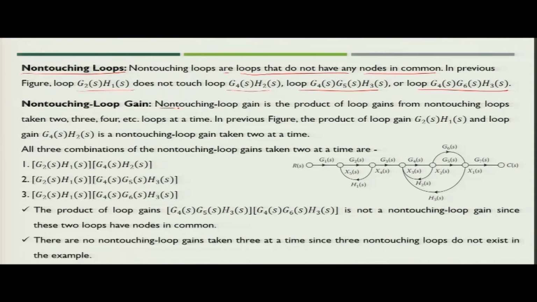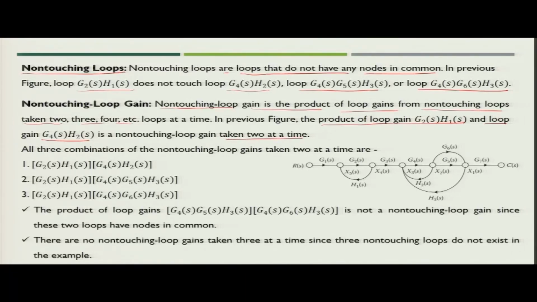When you identify non-touching loops, you can easily find the non-touching loop gains from the non-touching loops taken 2 at a time, or 3 or 4 at a time. In this particular figure, the product of loop gain G2 H1 and the loop gain G4 H2 is the non-touching loop gain taken 2 at a time.